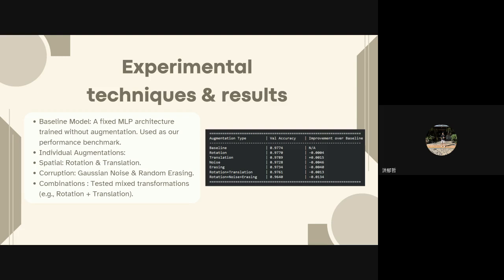Conversely, destructive methods like noise and erasing decrease accuracy. The rotation plus noise plus erasing combination suffered the largest drop of 1.34%. The conclusion at this part is that aggressive augmentations destroy the essential features of low resolution MNIST digits and overwhelm our lightweight model's capacity.